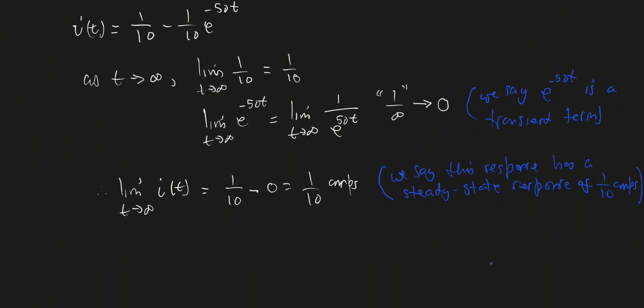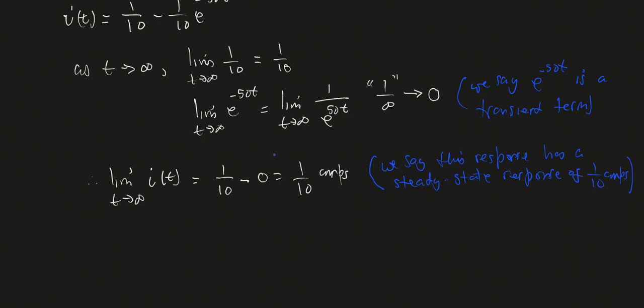So you have some terms of your current that, even though they're present, they become negligible for larger values of t, and you have some terms that will never go away.